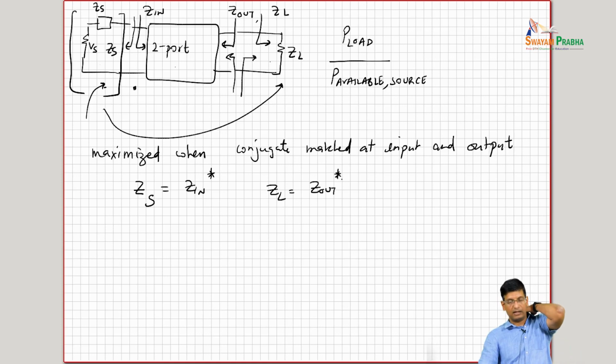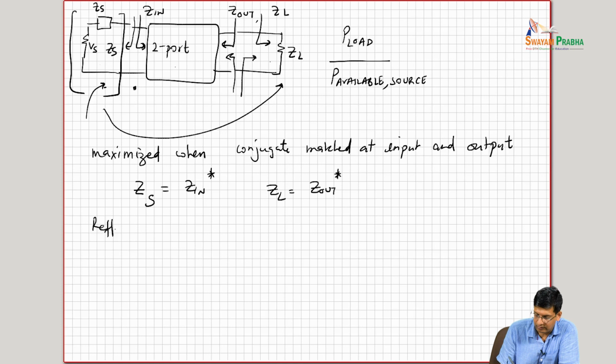Given this scenario, what we try to use is this concept of reflection coefficient, where we'll basically write Zin minus Z naught divided by Zin plus Z naught as gamma in.